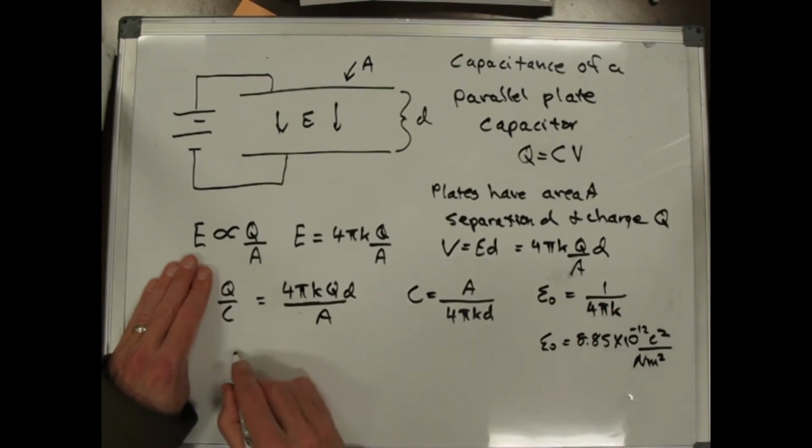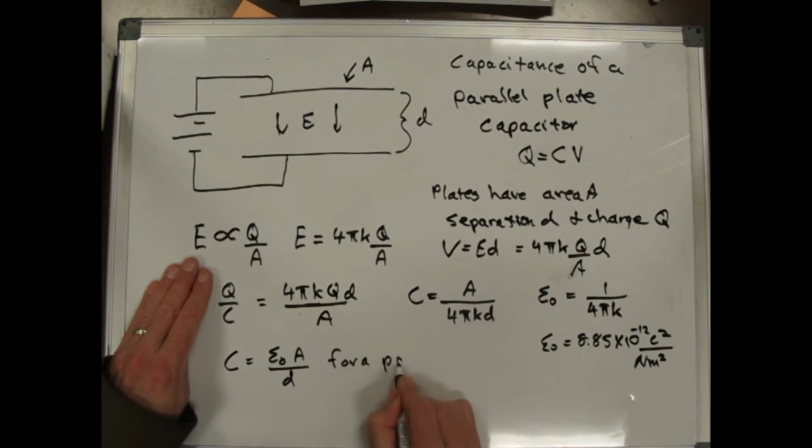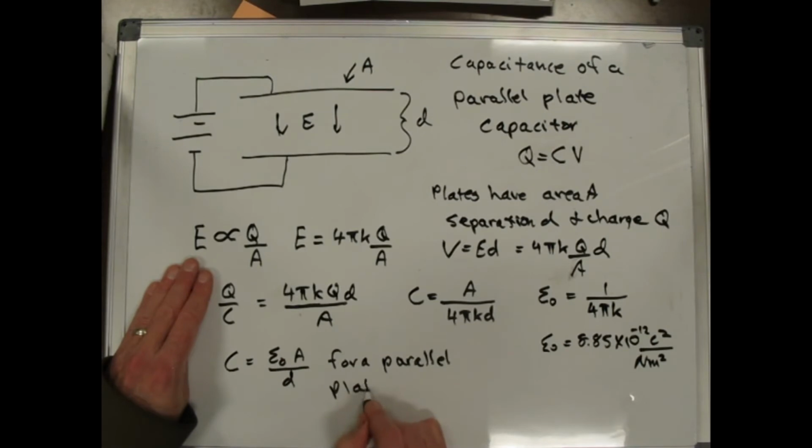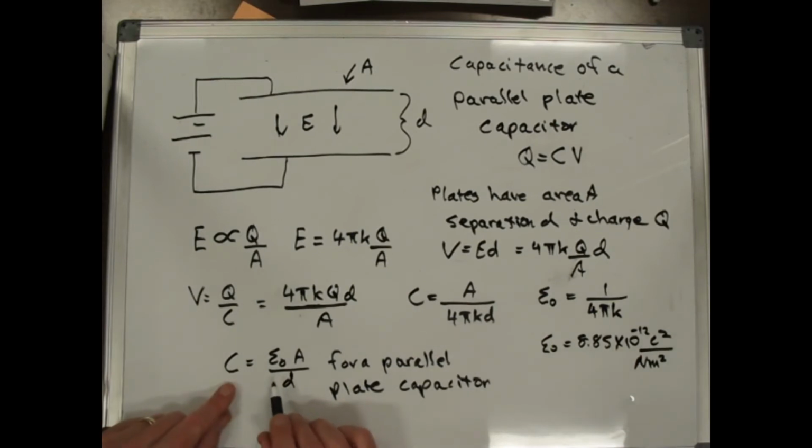So you can write the capacitance is epsilon naught A over D. This, for a parallel plate capacitor, says its ability to hold charge, its capacitance, just depends on this constant times the area of the plate divided by the distance.